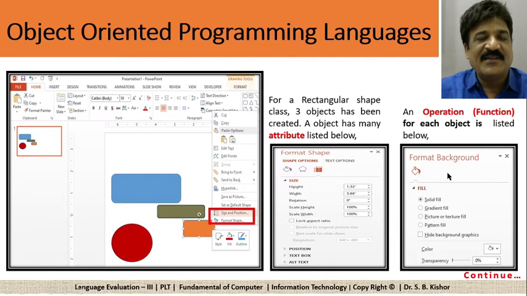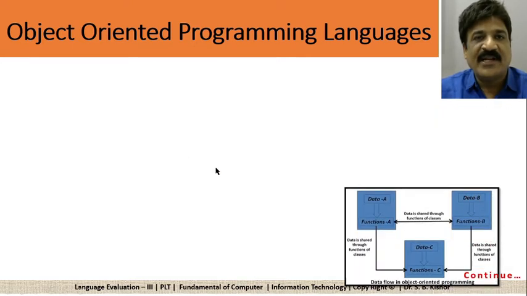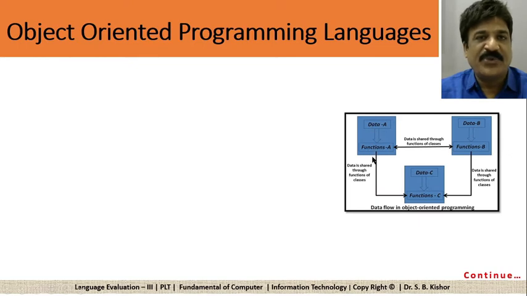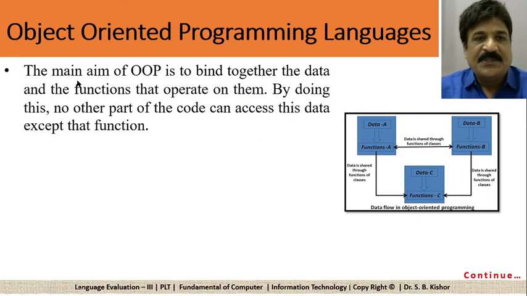Unlike in C, where your variables may be written somewhere else and a function may access those variables, in an object-oriented programming language we are clubbing the data members and their function members together. These are data members and these are function members. The main aim of object-oriented programming is to bind together the data and the functions that operate on them.